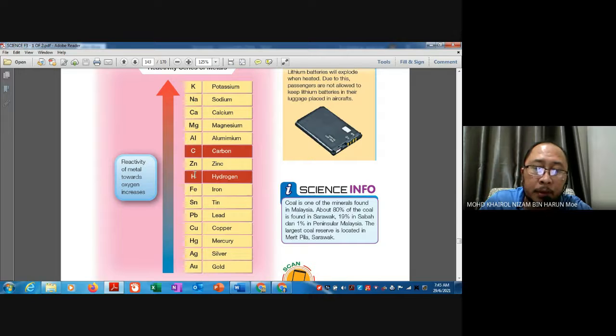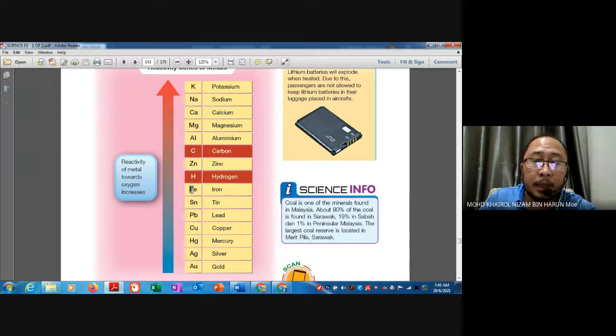Even though you are not required to remember all the symbols, it is better for you to try to memorize what they represent. For example, tin: the symbol is Sn, which stands for stannum.